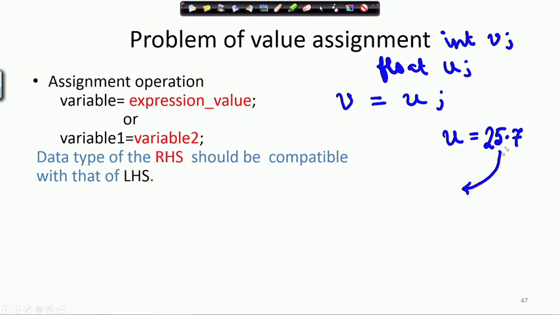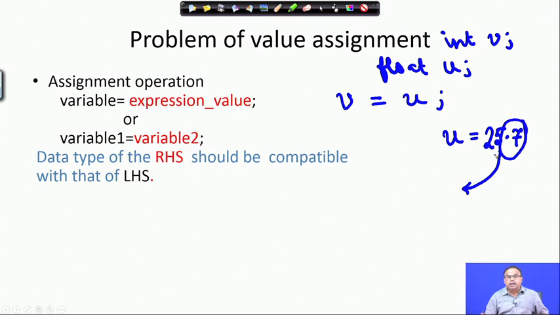So, you are trying to pack a 4 byte number into a 2 byte space, and the space is not there. So, errors can come. In some cases, they may cut it off and ignore the fractional part, and it will just assign 25 to v.